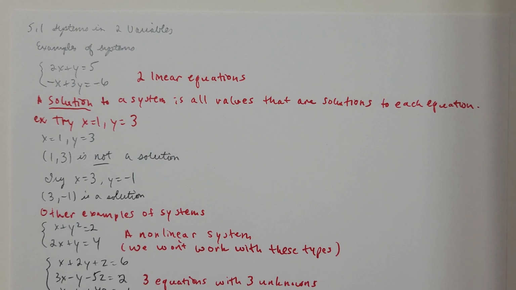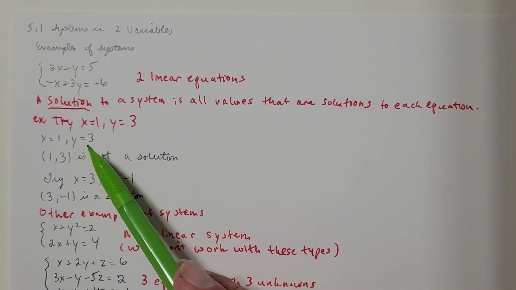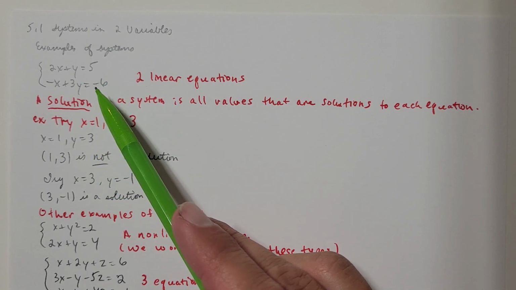And of course the idea is to solve the system. So find x and y such that it's going to be a solution to each equation in the system. Okay? So what if I try x equals 1 and y equals 3 for this system?